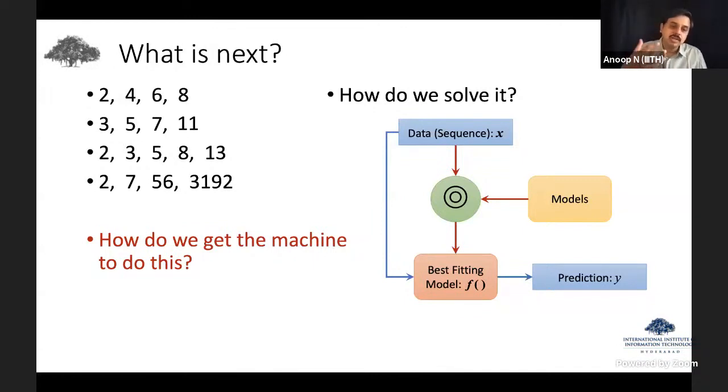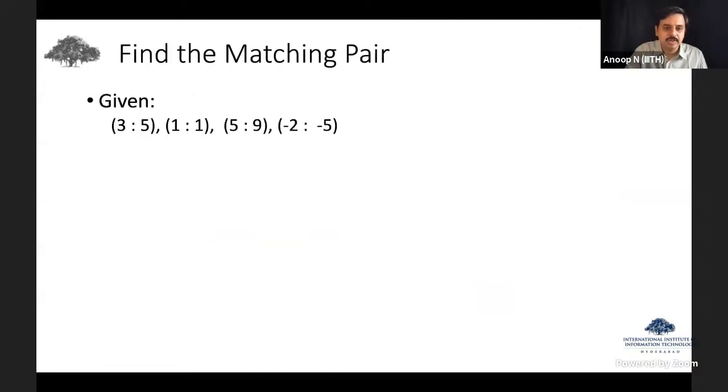You are actually making a machine capable of learning from a sequence of data and then using that to make predictions. It will look at a set of numbers, learn what is going on there, and then based on that learning, it would make a prediction. This is what was happening in your brain, and that is the same thing that would happen in the case of a machine learning algorithm. But how to go about it, we will get to in a more detailed fashion.